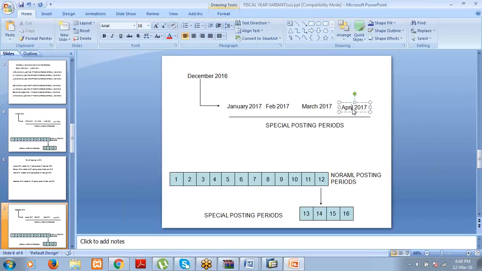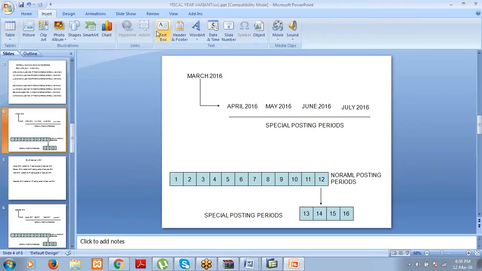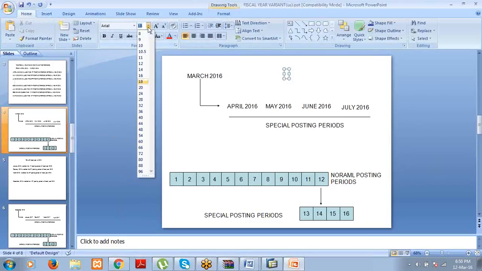Okay. Now, in the case of US companies, right, January, February, March, April will be the special periods. Okay. Now, coming to Indian example, 31st March 2016 is over.